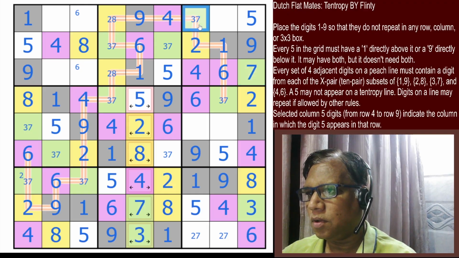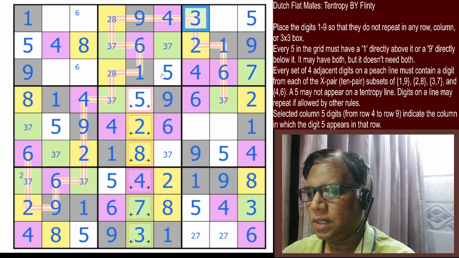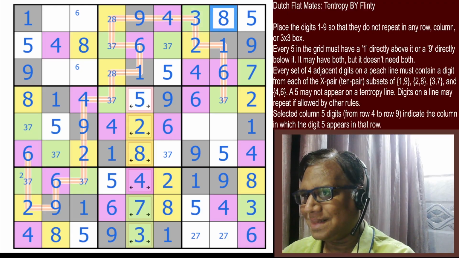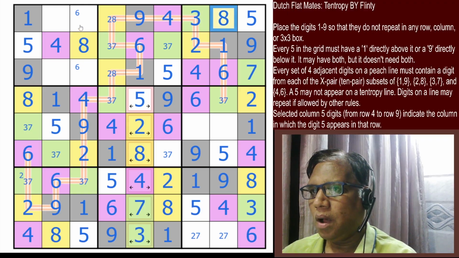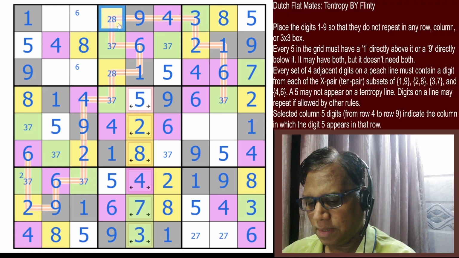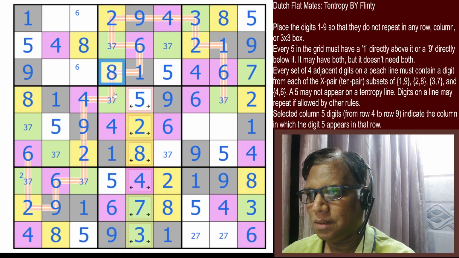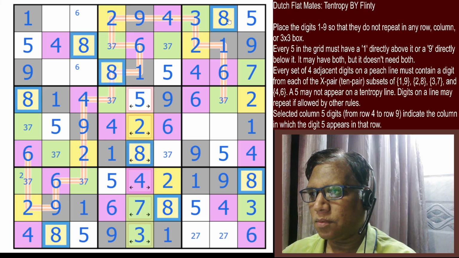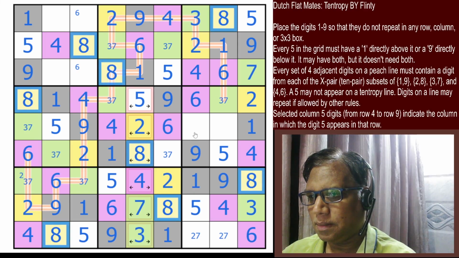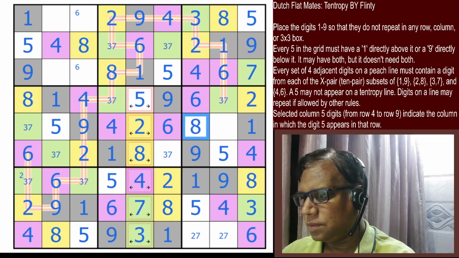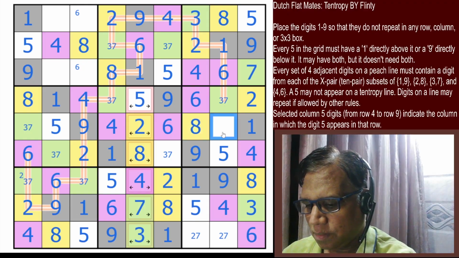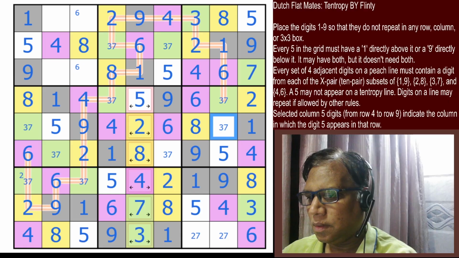So I think we got all the greens also. So that has to be 3. Not all the 7s, only 1, 3, 7. That's 8. That is yellow. Oh, that's 2. That's 8. 8, 8. All the 8s should have been done by now, right? That's it, right? Yeah, that's it, which is yellow. That is green. 3, 7. Okay, so that is yellow.